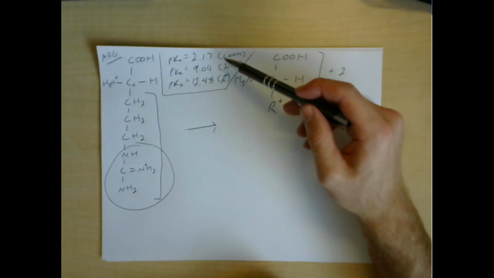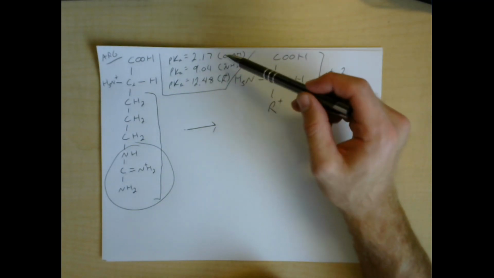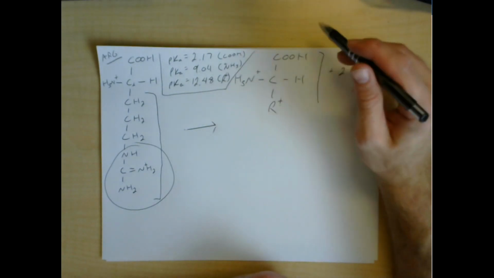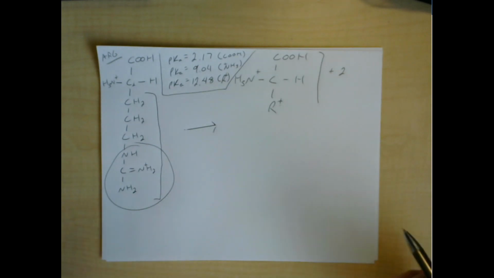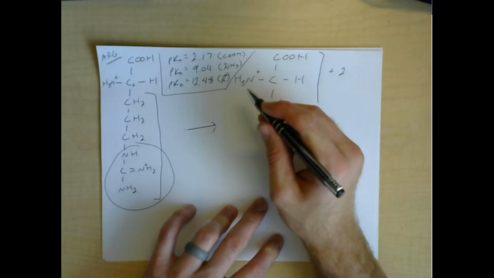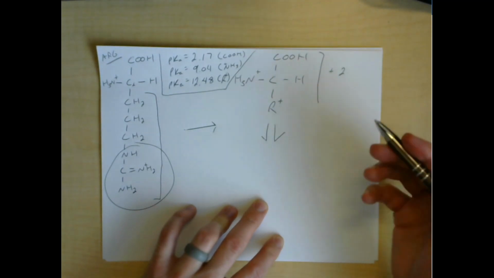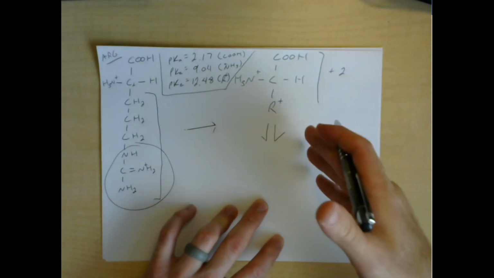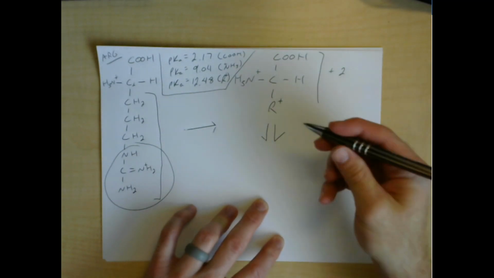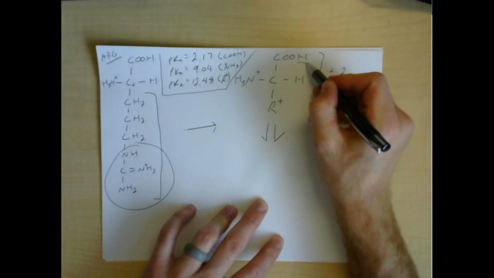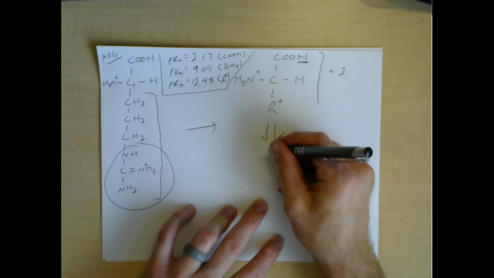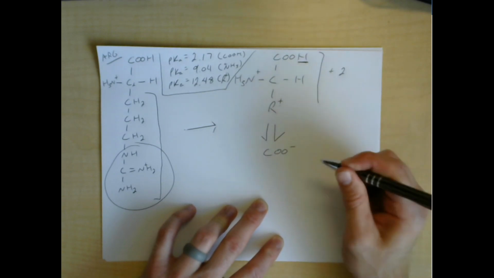I also know which functional groups correspond to each of these pKa's. So I draw the fully protonated form, and I assume I'm at pH 0. So I increase the pH a little bit, and now I'm going to reach my first acid-base event, my first deprotonation event. That is going to involve this proton. I'm going to lose the proton on my carboxylic acid to give the carboxylate.